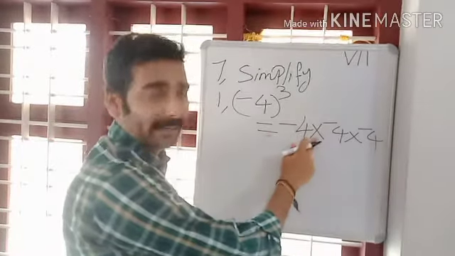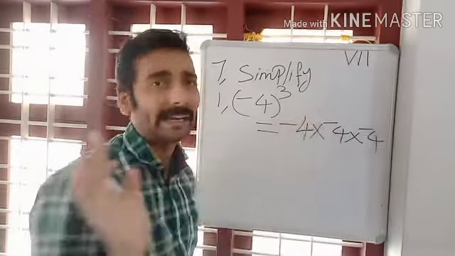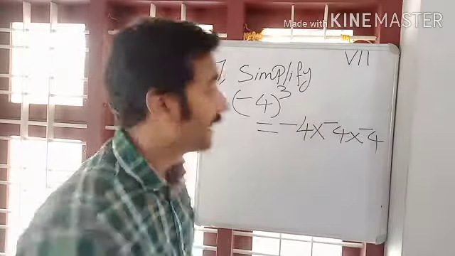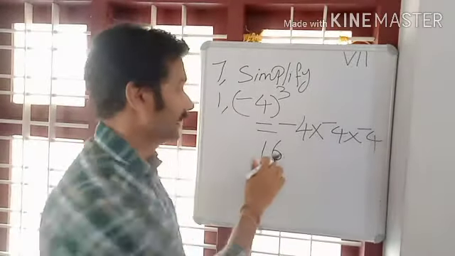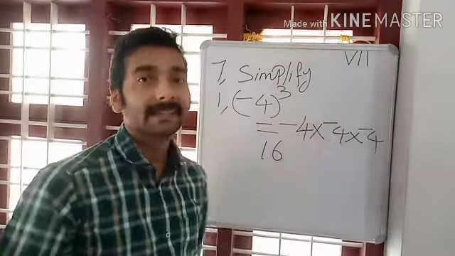In multiplication, minus 4 into minus 4, that is 16. Minus into minus is positive.